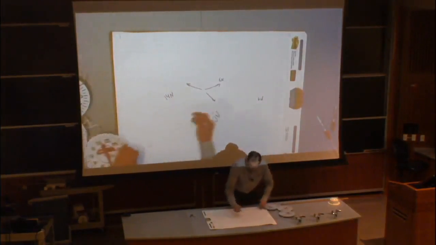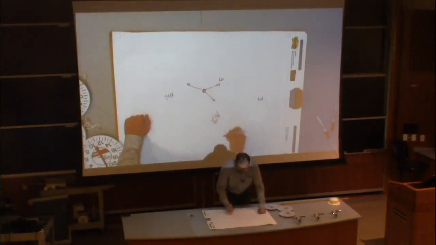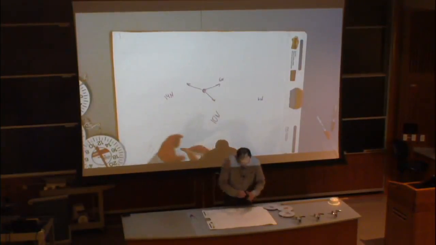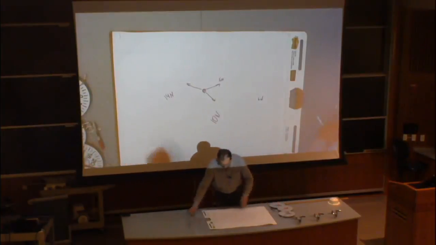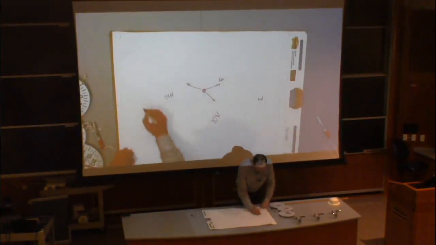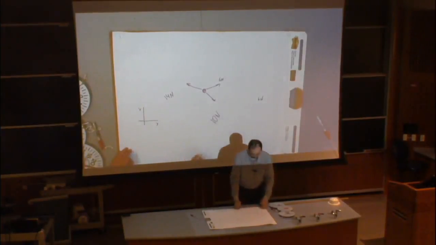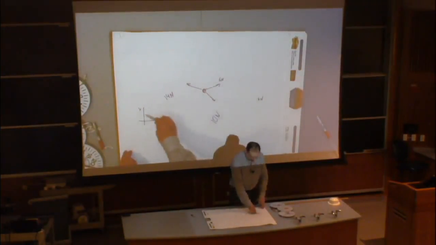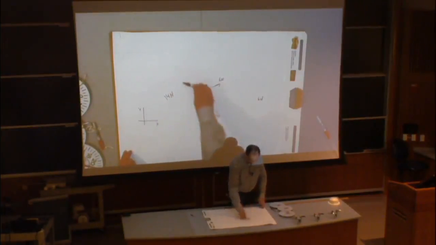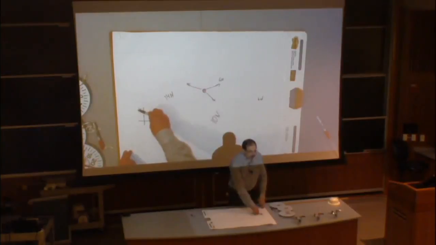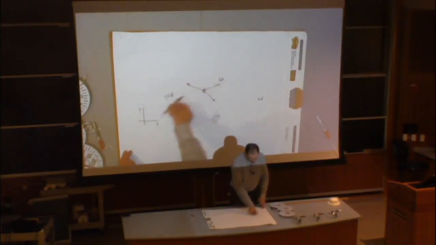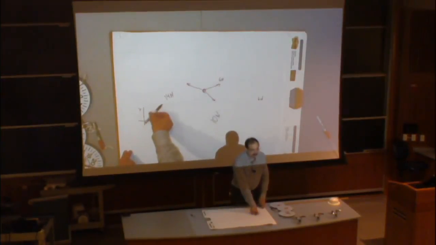So for this object, we can prove that the sum of all forces should be equal to 0. What would be the easiest way to do this? Well, you would use two axes like this, x and y. In this case, the first arrow would have two components, the second arrow would have two components, and the third arrow would have two components. So you would have to use 6 components.